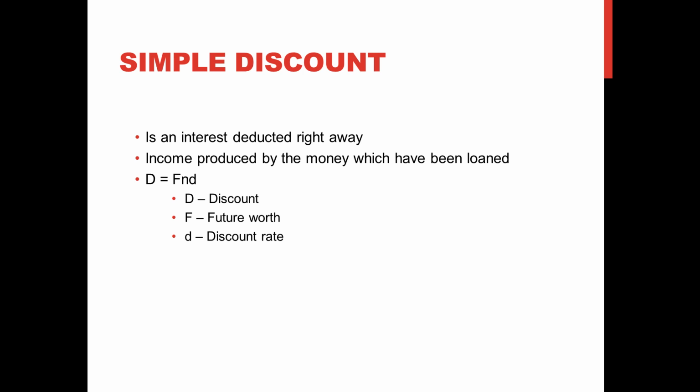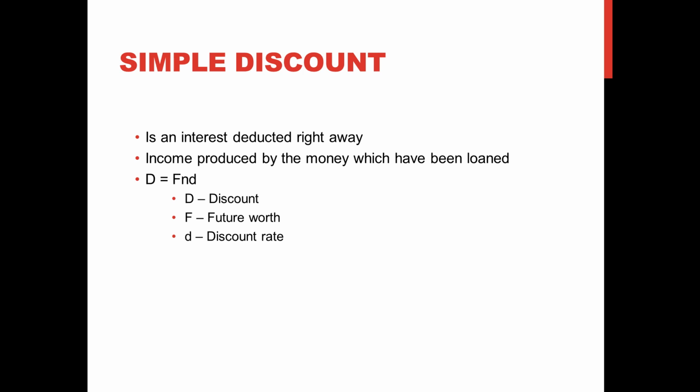It is noted here that when we talk of discount, the future worth should be given. When it is interest, the present worth or the principal should be given. So they only differ in the rate.